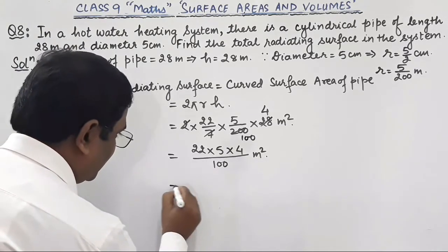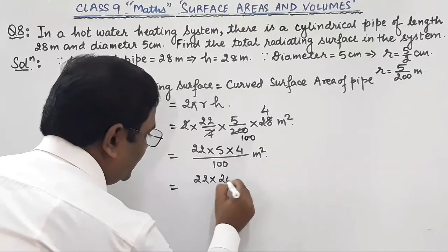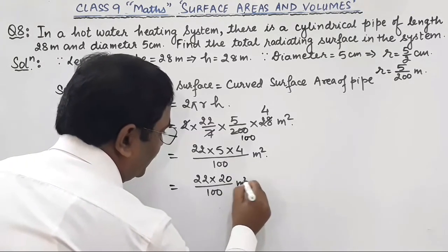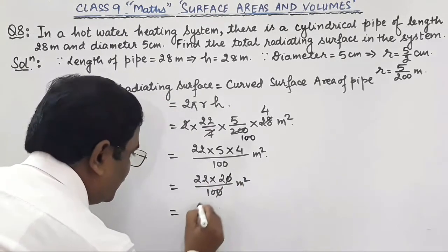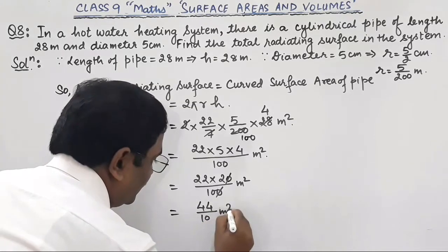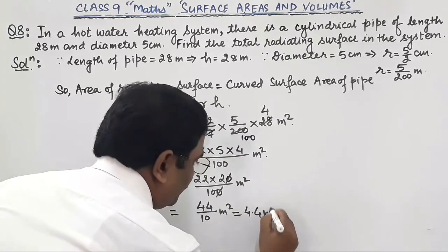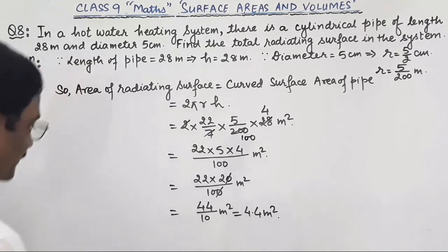We will get 22 multiplied by 5 4s are 20 divided by 100 meter square. 1 0 is cancelled. So we got 44 upon 10 meter square. Therefore it can be written as 4.4 meter square is the radiating surface in this system.